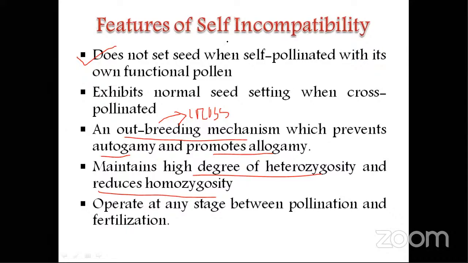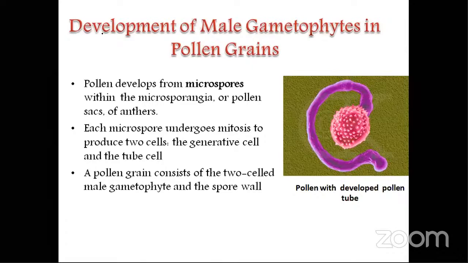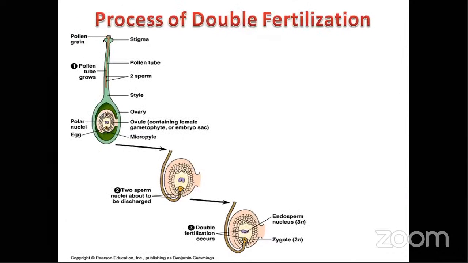The feature of self incompatibility can operate at any stage between pollination and fertilization. The pollen will first fall on the stigma, then the pollen tube has to germinate on the stigma. So the first place where a barrier can be there is the pollen and stigma interaction.